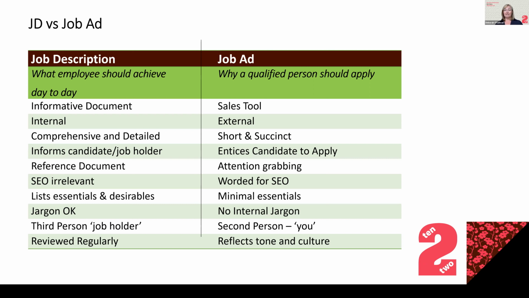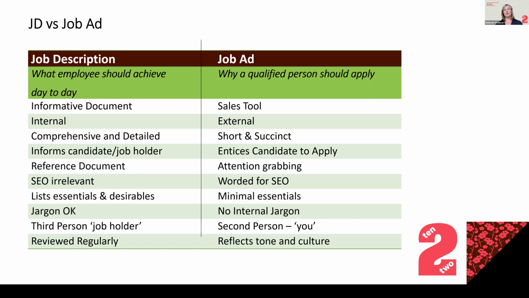Your job description is a reference document, and it doesn't matter about SEO wording, whereas when you're writing a job ad, you want it to be worded for search engine optimization, so it gets picked up on lots of searches. On the job description, you would list your essentials and desirables, and you'd include them all. On a job ad, minimal essentials is what we would always recommend.